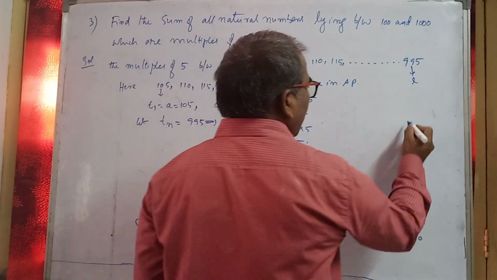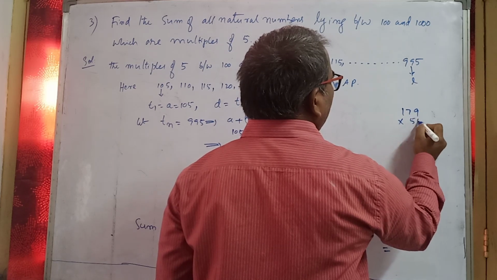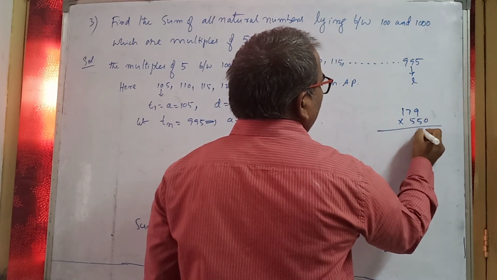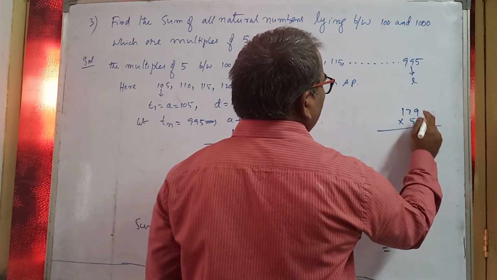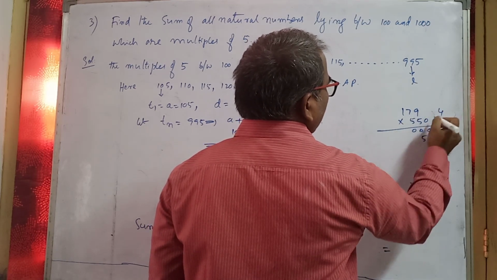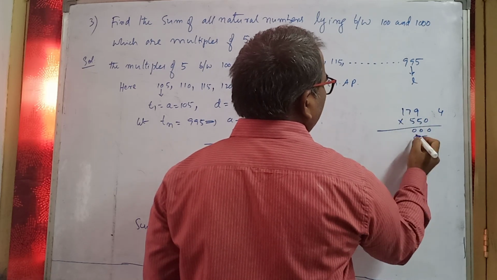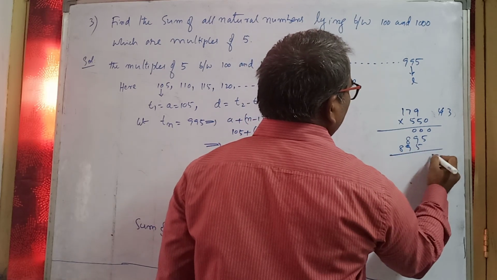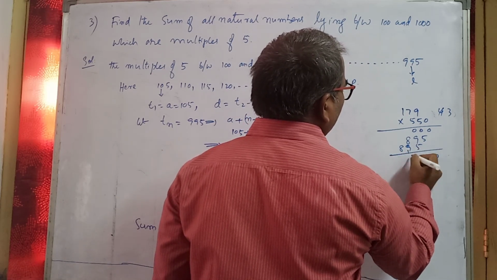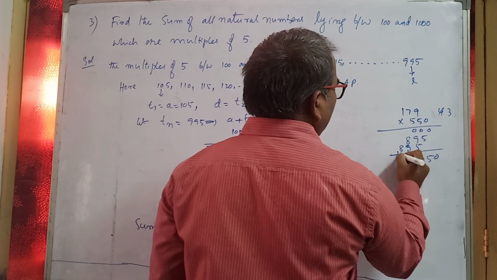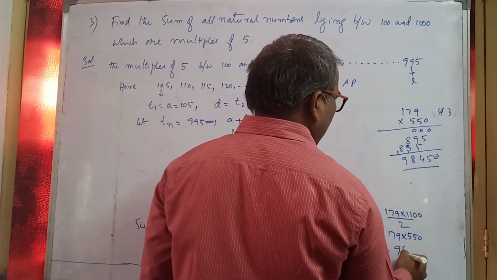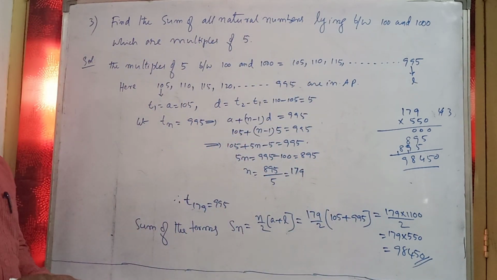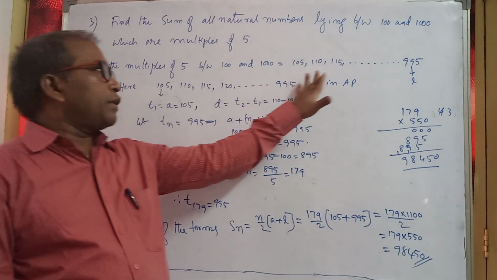This is rough work you have to do. 5 nines are 45, 5 sevens are 35, 39, 5 ones are 5. So the answer is 98450. So like this, first we have to identify which terms you need to add.